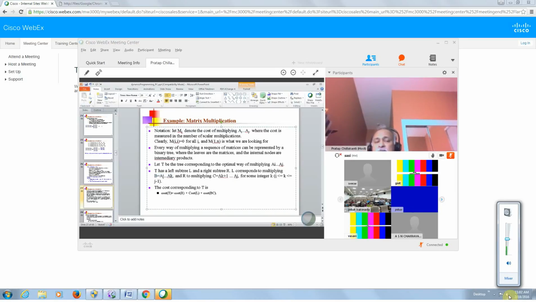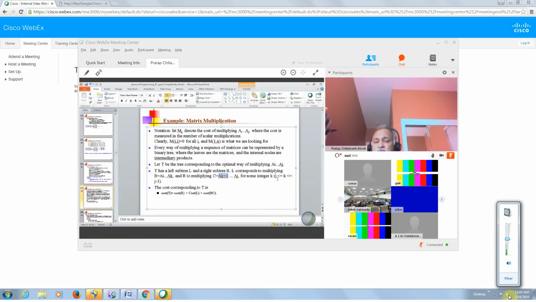We multiply matrix Ai to Ak. Okay. And then the right one is obviously whatever is after Ak, Ak+1 to Aj, because our indices are going from i to j. Okay. So this is one left subtree, B, and this is the other subtree. And the value of k is between i and j.